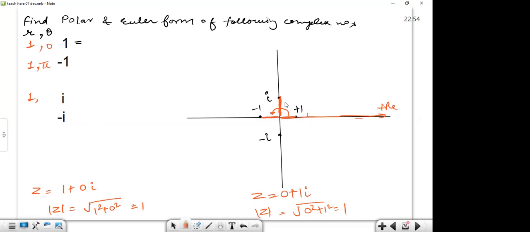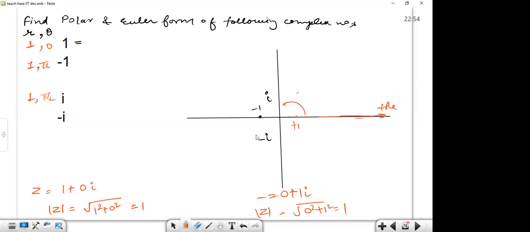Now, what is the angle? 90. Yes, 90 degrees, so pi by 2.